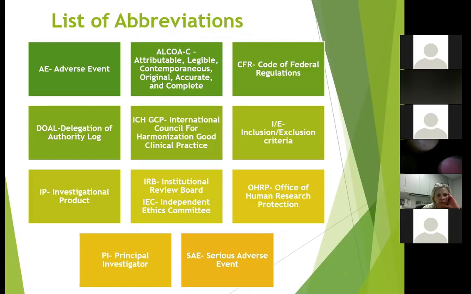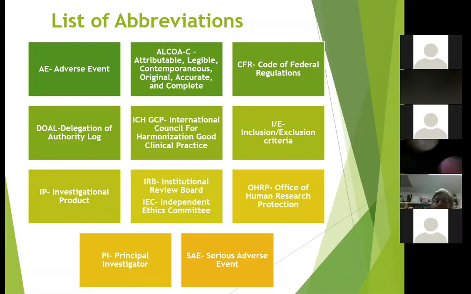It's the document needed to identify those tasks that are delegated by the principal investigator to other members of the study team. The ICH-GCP E6 R2 that we just had a session on is a set of guidelines that we discussed, and most of our studies require that we follow those.